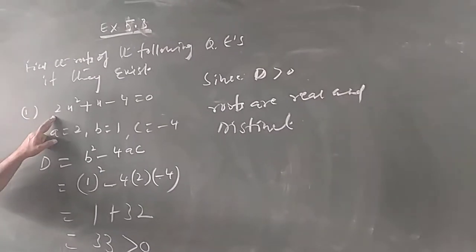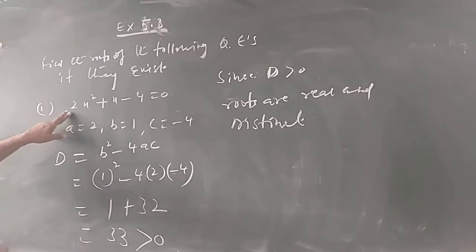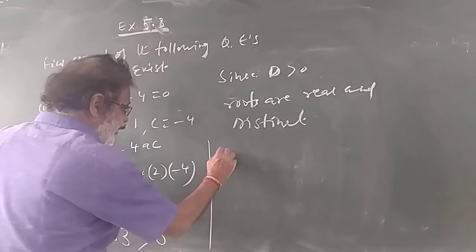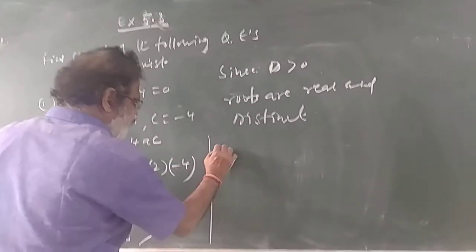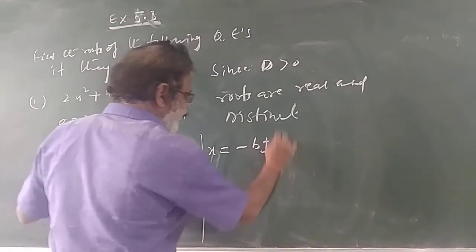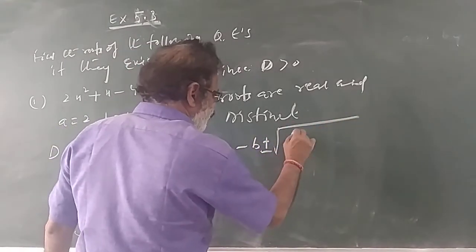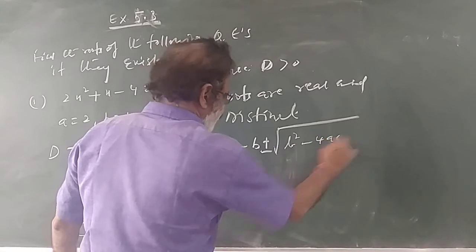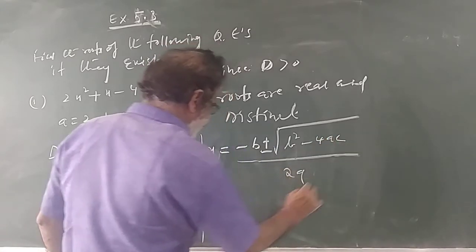So using the roots formula, I can find out. X is equal to minus b plus or minus under root b square minus 4ac over 2a.